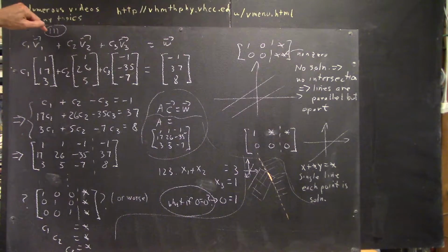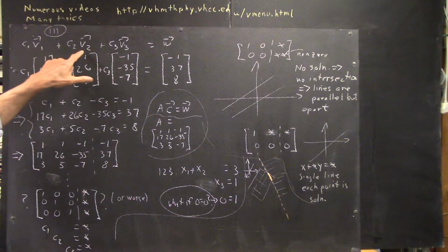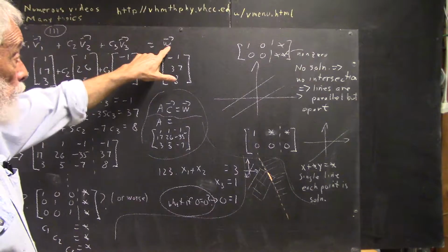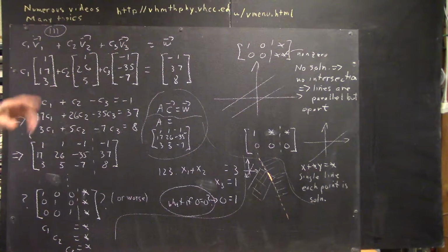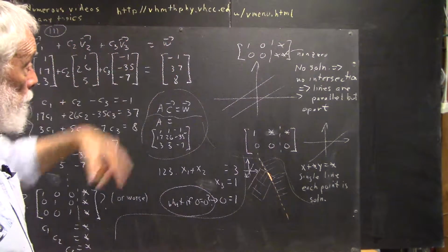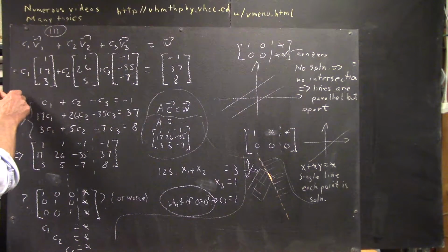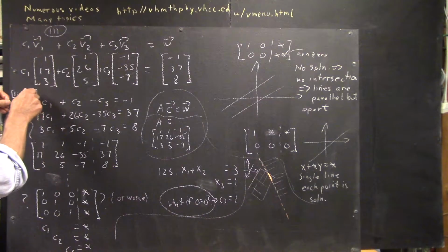Okay, number 11, you're given the equation C1V1 plus C2V2 plus C3V3 equals W. Okay, W vector. And the V1, V2, and V3 and W vectors are given to you. Now they're given to you as a row, like this one is given to you as 1 semicolon 17 semicolon 3.